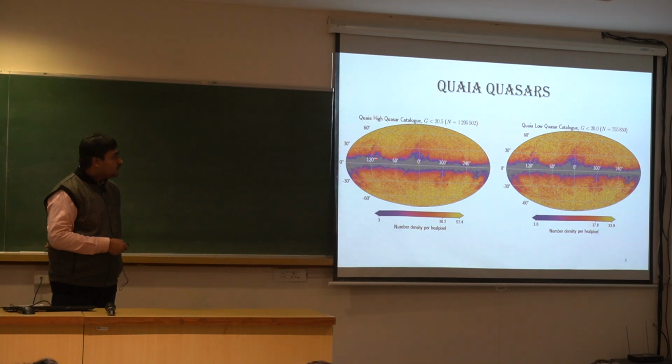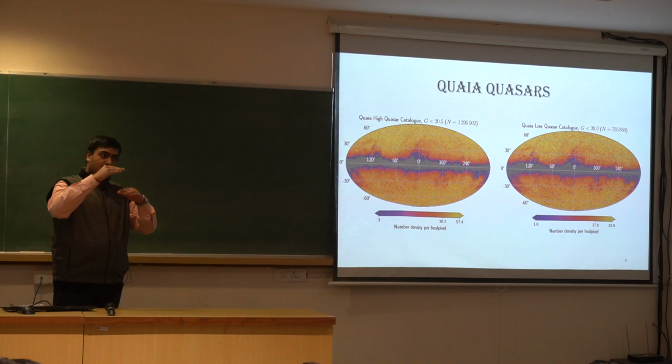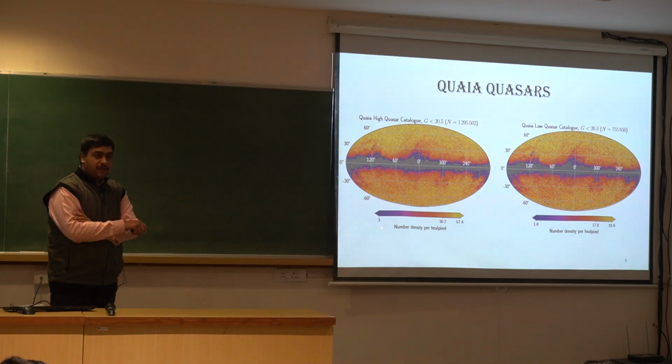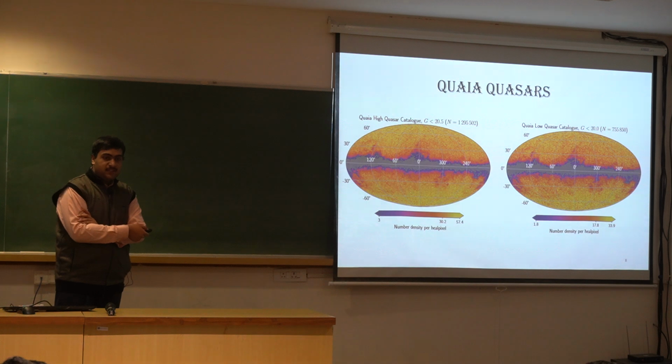So what we did was to ignore data around the galactic plane by removing either 10 degrees or 20 degrees above and below the galactic plane. But our idea here was to make sure that using this we are removing all the bad data points. But then exactly how much we should remove, because there is no standard prescription for it.